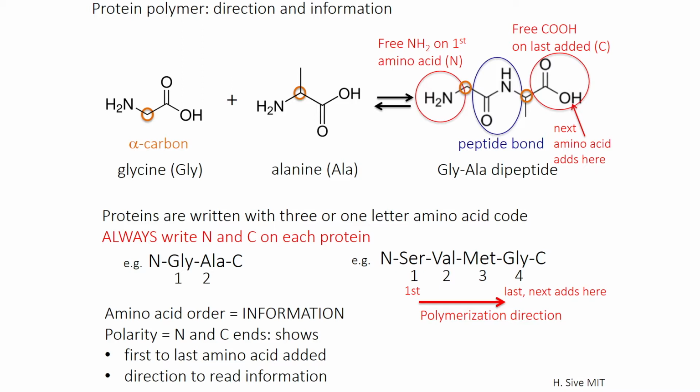If we compare the proteins and the nucleic acids, there is an order of monomers that can be read in a defined direction, and that defined direction is the information. In the nucleic acids, it's the order of the nucleotides from 5' to 3'. In the proteins, it's the order of amino acids from the free amino to the free carboxy terminus.